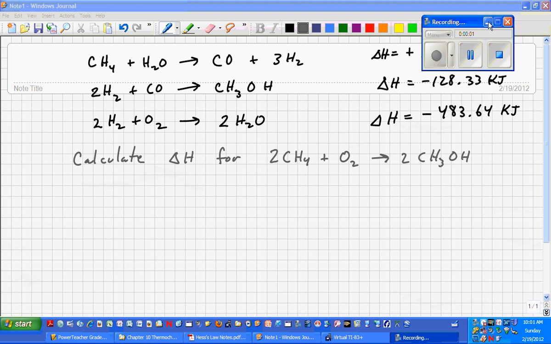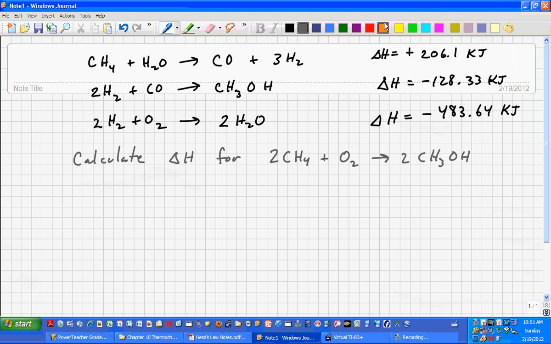All right, here's an example of a Hess's law problem. Just like we talked about in class, we've got an equation that we're trying to figure out the delta H for, the change in enthalpy for the reaction. We've got a series of steps, 1, 2, 3, that the reaction takes place in, and we've got individual delta H's for each one of those steps.